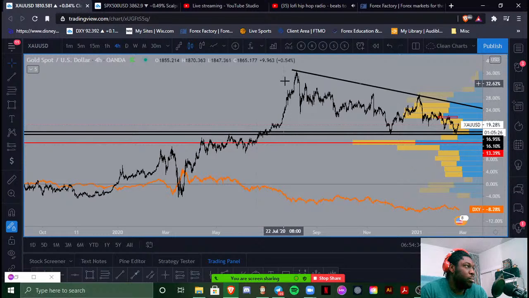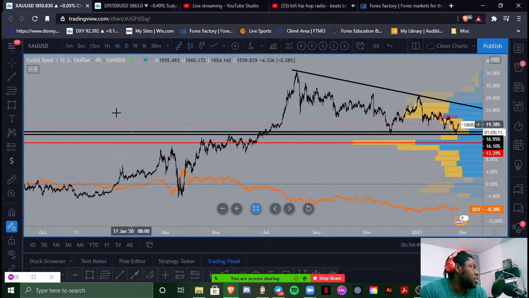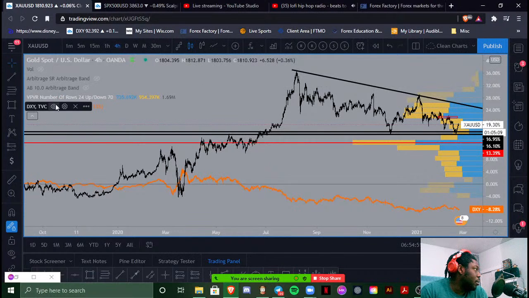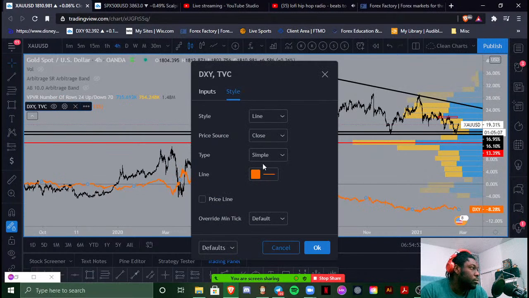Like you see that price moved up right here when the DXY was dropping, and then as it kept steadily dropping, you see that gold is making high moves and then dropping, high moves, dropping. And I'll even change this to candlesticks so you guys can see it a little better.